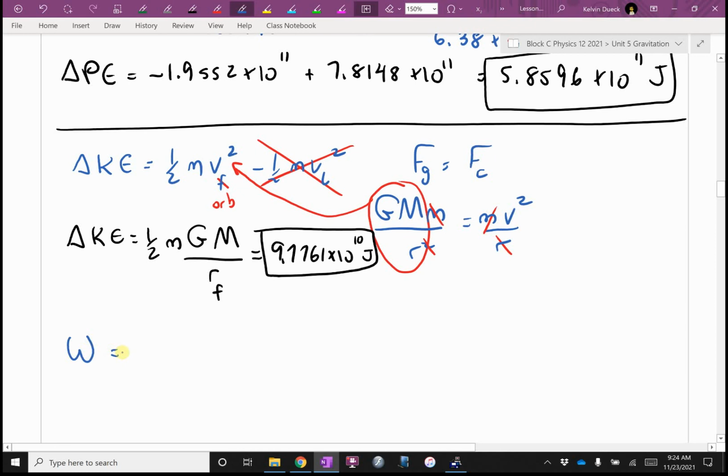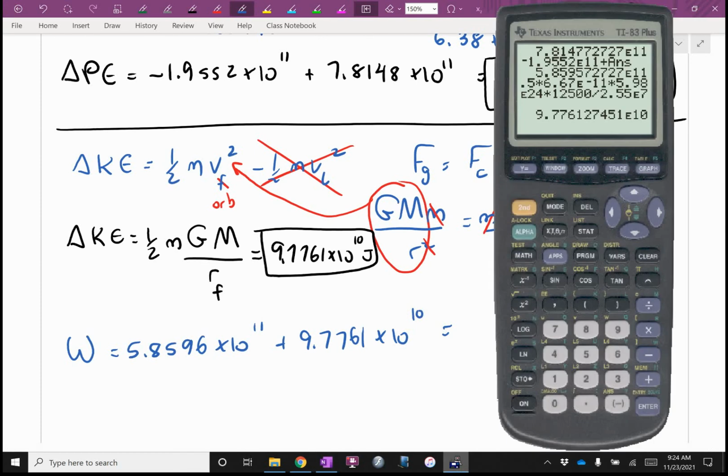Work is going to be both of those added together. 5.8596 times 10 to the 11th plus 9.7761 times 10 to the 10th. And I get 6.84 times 10 to the 11th.